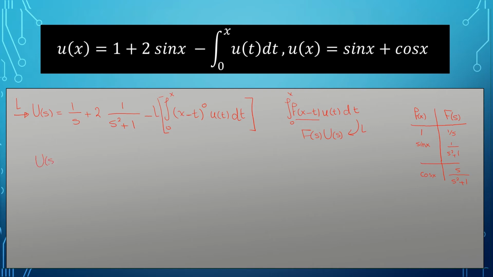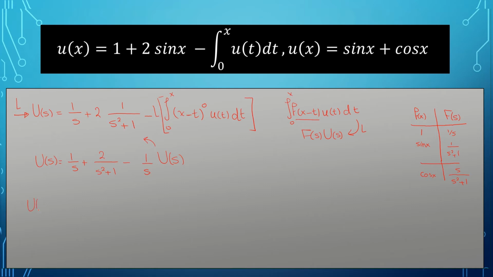So let's write it down. We'll have U(s) equal to 1 over s plus 2 over s squared plus 1 minus 1 times U(s). Of course, here this is the L of 1, which is 1 over s. L of u(x), or u(t), gives us U(s). Now we need to put U(s) all on one side, so let's take this one to the other side.